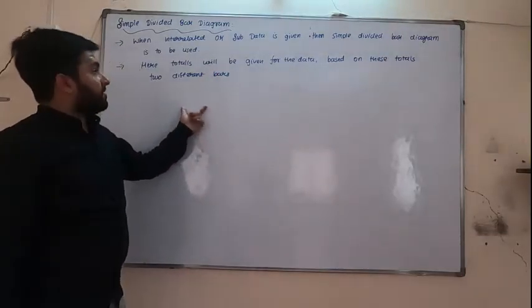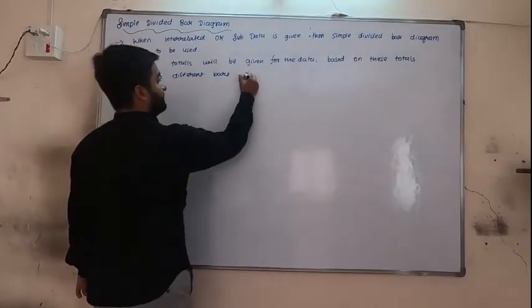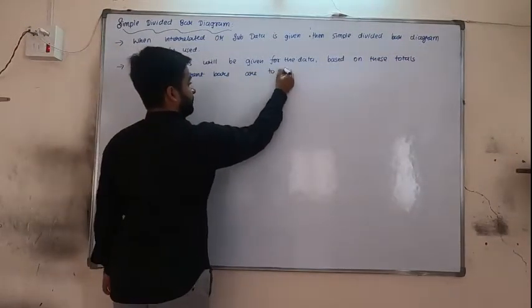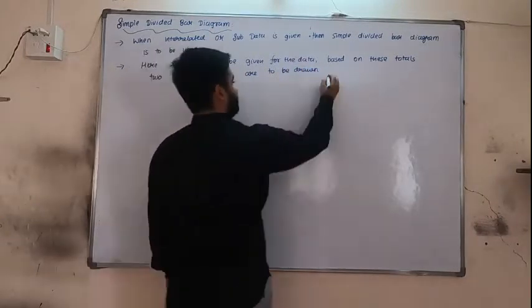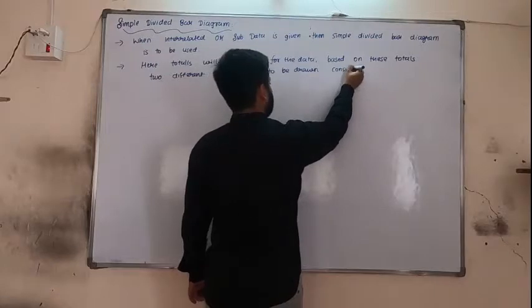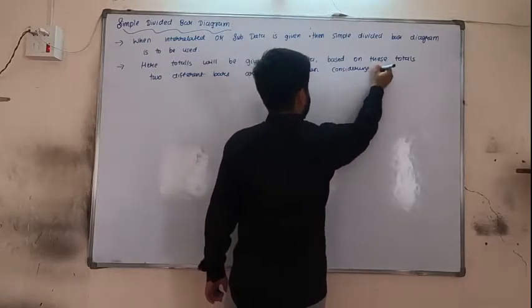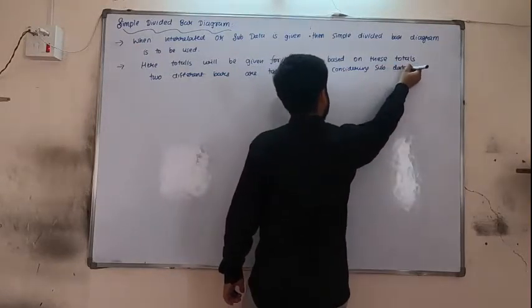Adjacent means together, but two different bars are to be drawn considering the sum.